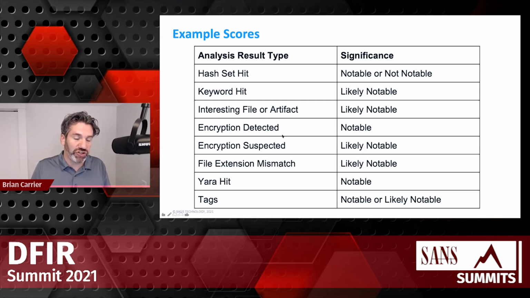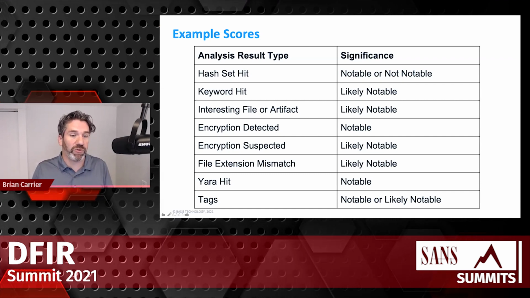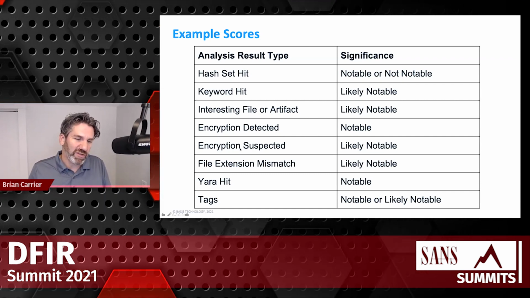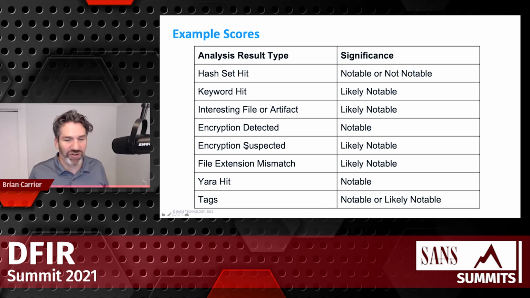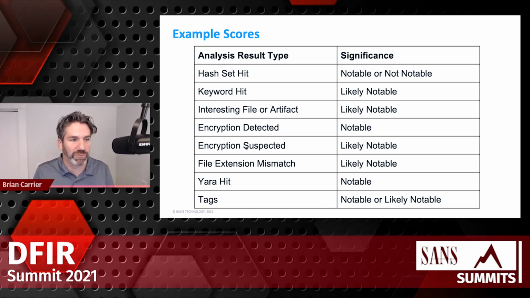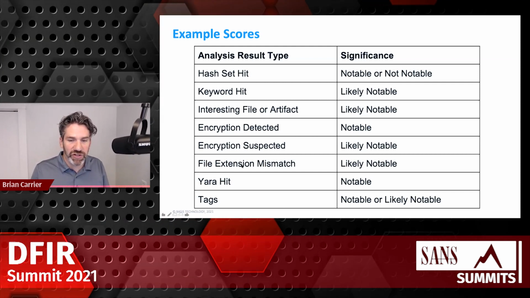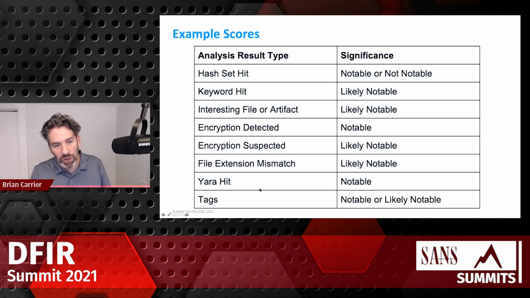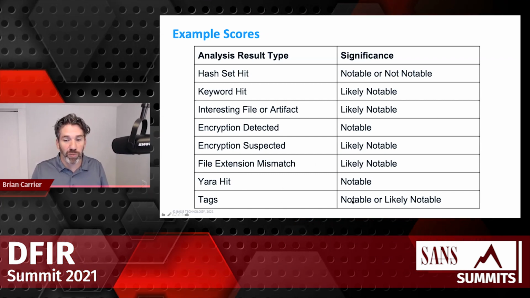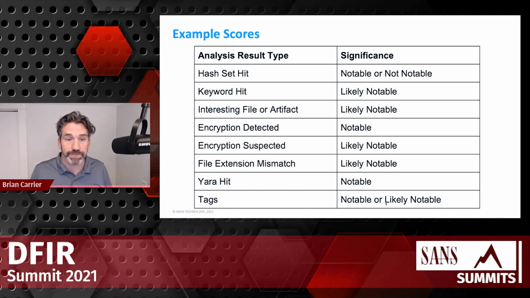We have these two differentiations on how we find things. We know it's encrypted based on the signatures, while suspected is more like, hey, it's a high entropy, unknown file type. It feels and smells like encryption, but it could be a bootloader too. We don't really know. File extension is likely notable. YARA hit is notable, and tags are either notable or likely notable, depending on what kind of tag you apply.